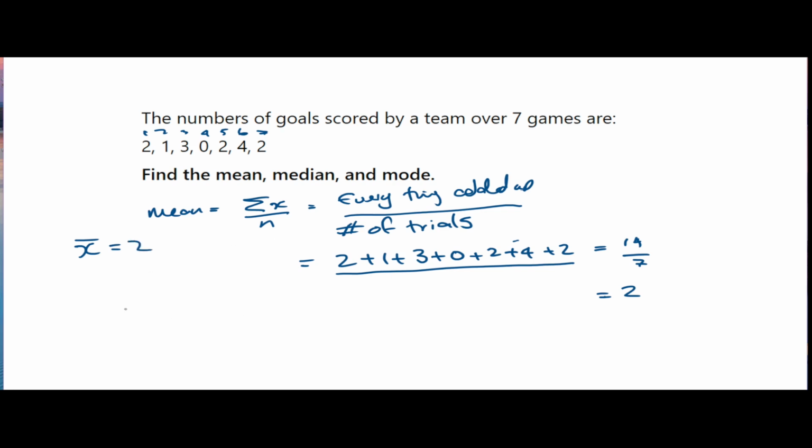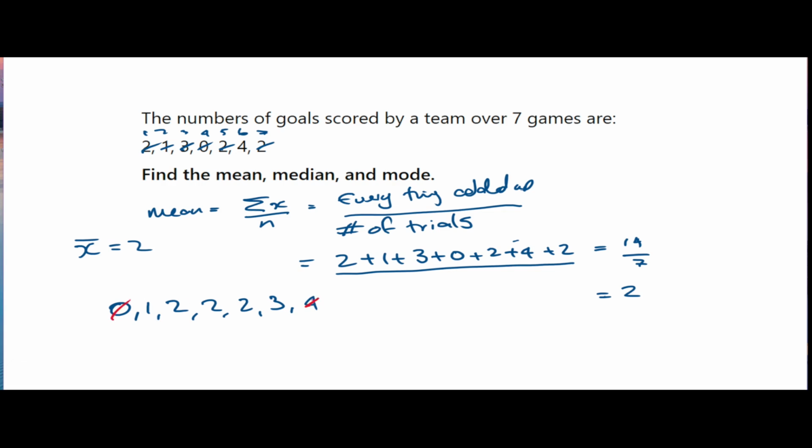Then they want the median. So the median, remember, we have to put them in order first. So it would be 0, 1, 2, 2, 2, 3 and 4, and then find the middle number.